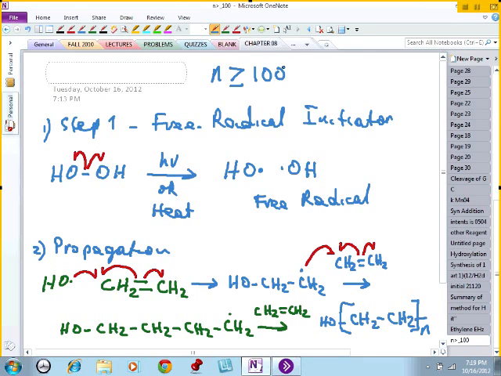Okay, so when you get the type of plastic that you want, you could now stop the reaction in what we call the termination step. Once you get the kind of material that you want, you could now stop the reaction, and that leads to the termination step, which will be this here.